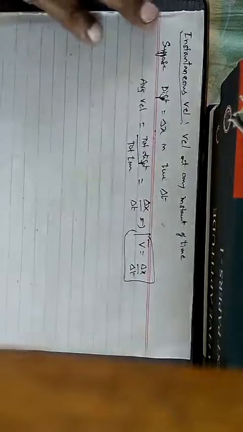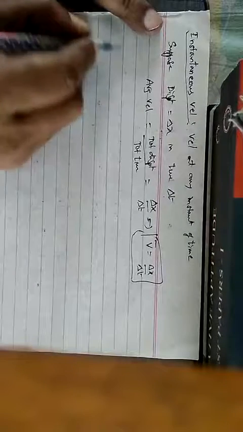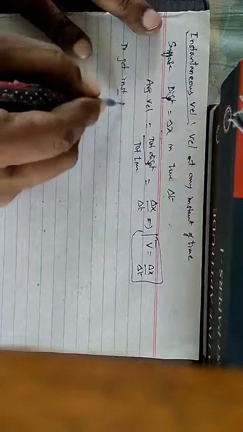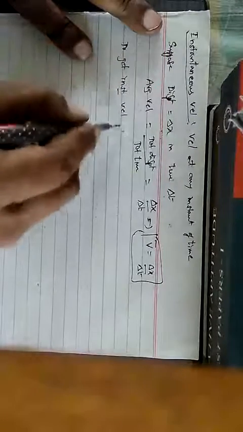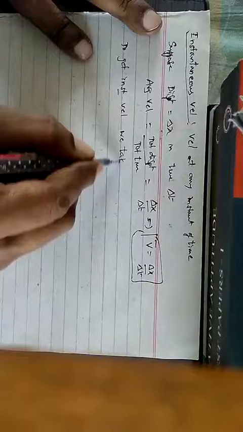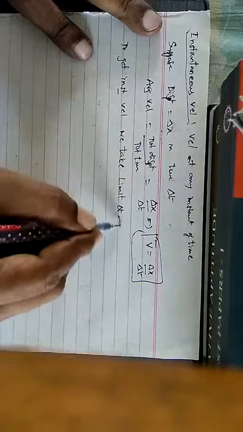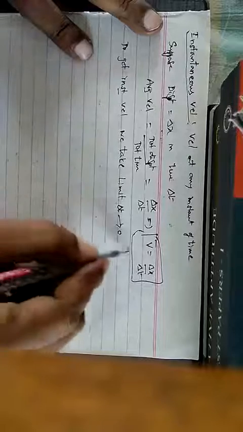But we are talking about instantaneous velocity. So to get instantaneous velocity, what do we do? We take a limit, delta t tends to 0. We write it like this.